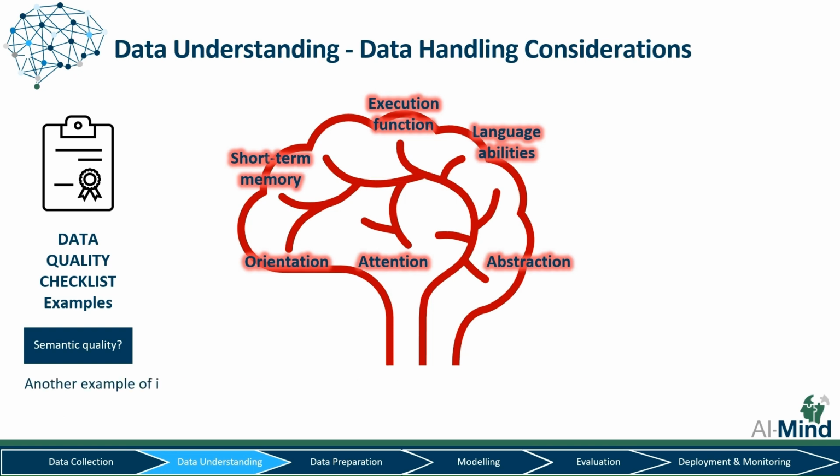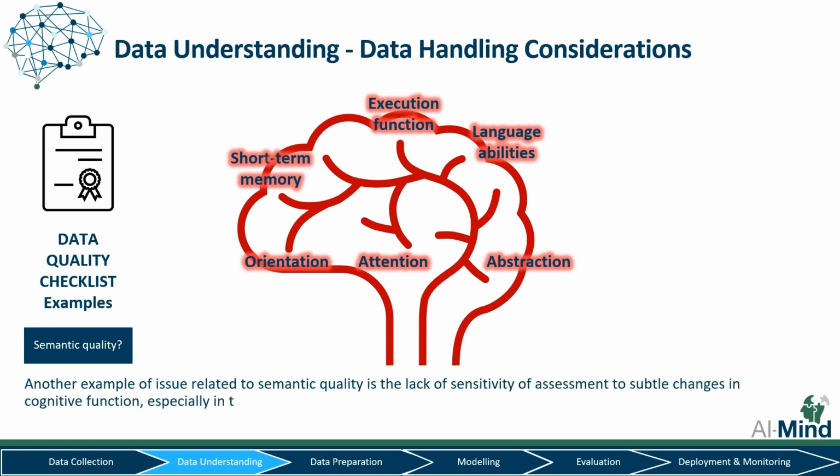Another example of an issue related to semantic quality is the lack of sensitivity of assessment to subtle changes in cognitive function, especially in the early stages of impairment. This can result in underestimating the severity of cognitive decline.